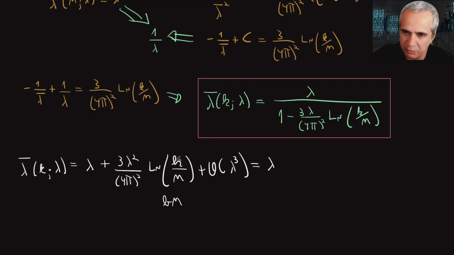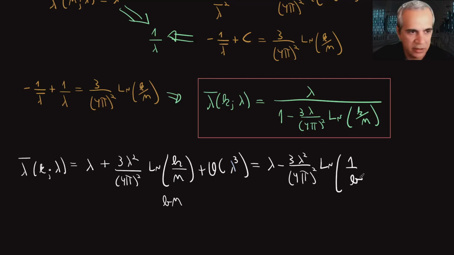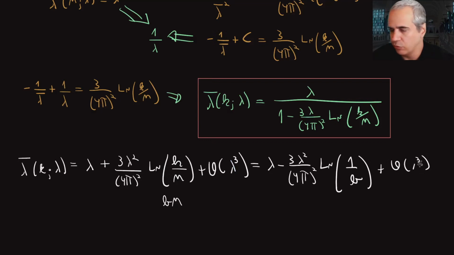This will be log of b, but I want to write in terms of log of 1 over b, so I take this sign outside. Which is exactly the running we found for the Wilson coefficient for lambda phi 4, also at this order, right?